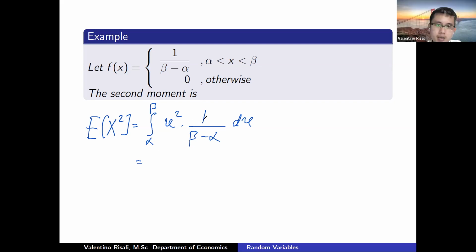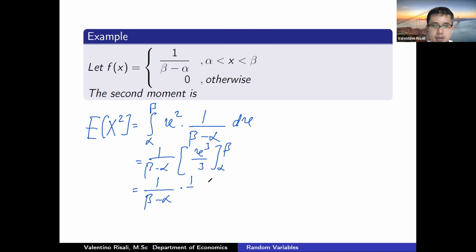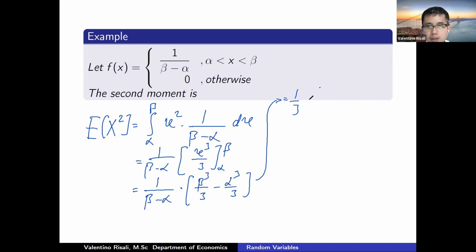So before that, we write this one, and then x cubed over 3, and then this is equal to 1 over 3 times beta cubed minus alpha cubed.